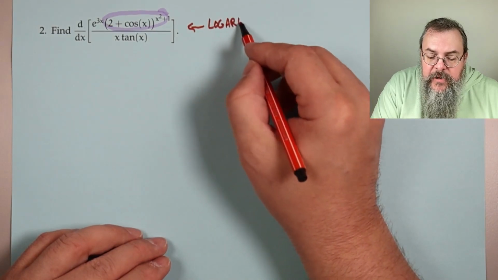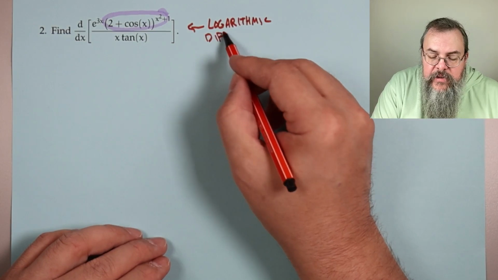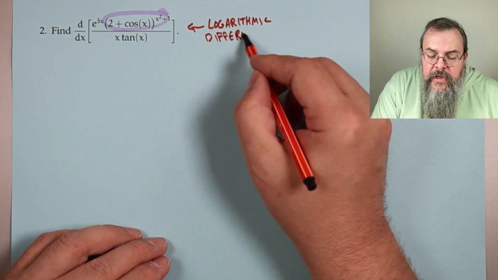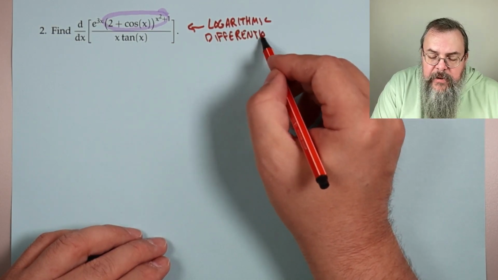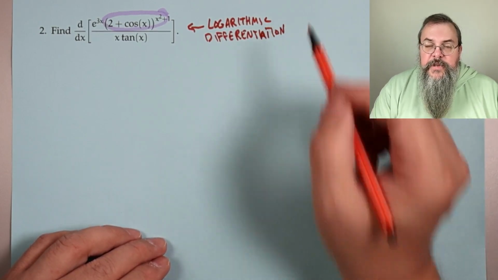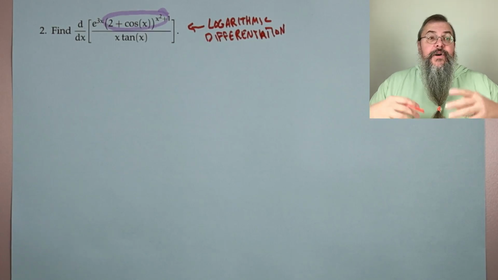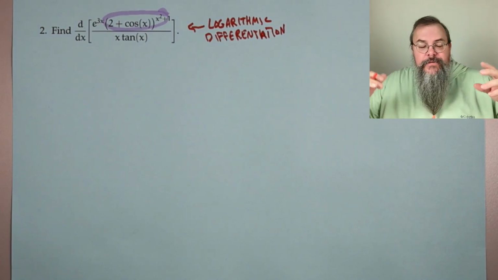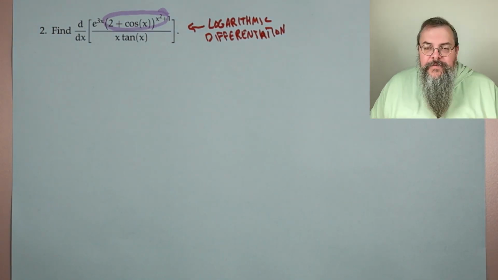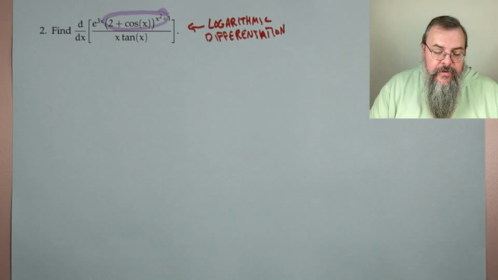Now, logarithmic differentiation is a beautiful idea, and let's write down the generic formula for it. There's a couple of ways to think about it, and oftentimes books will say, oh, set y equal this, take the... No. There's a simple formula, and here's how the formula works.